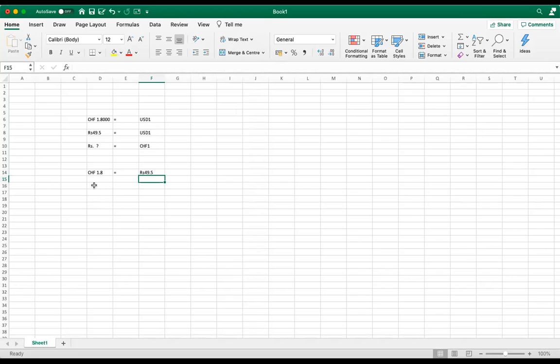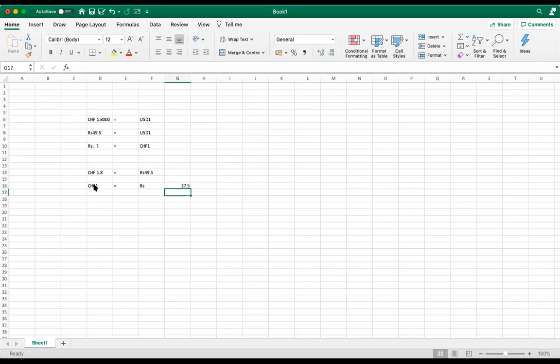So I will say CHF 1 is equal to, now for calculation's sake, I will take rupees 49.5 slash 1.8.